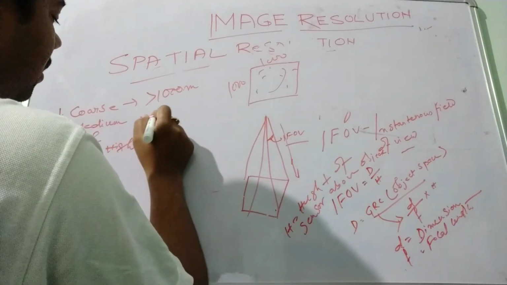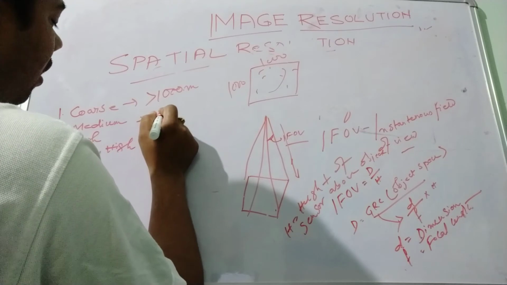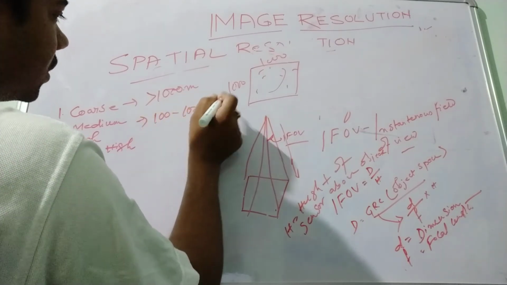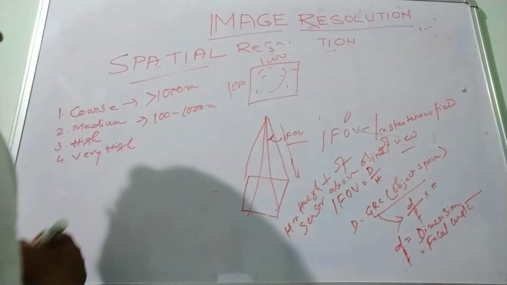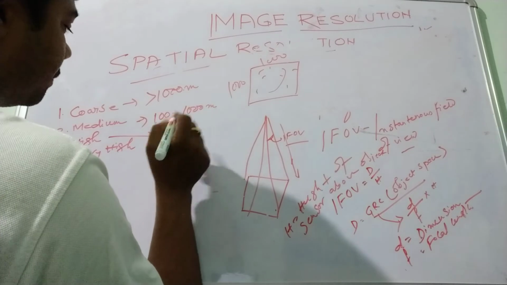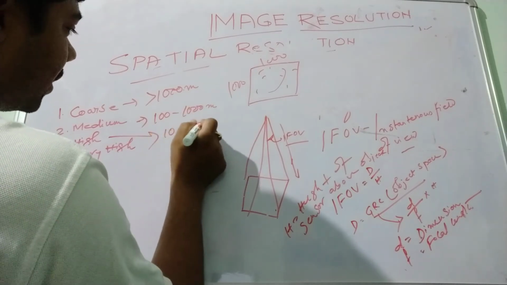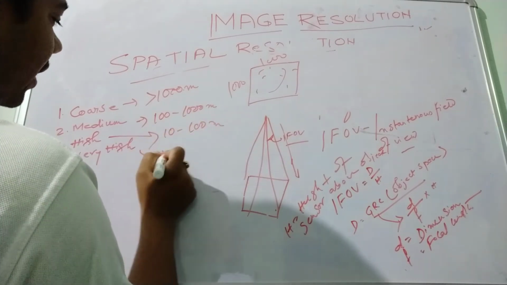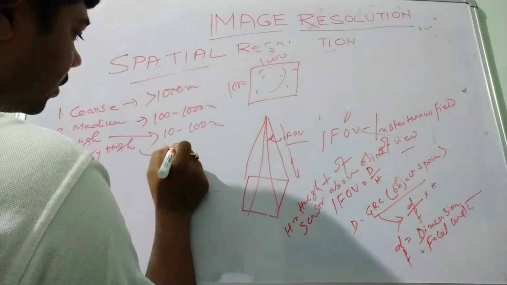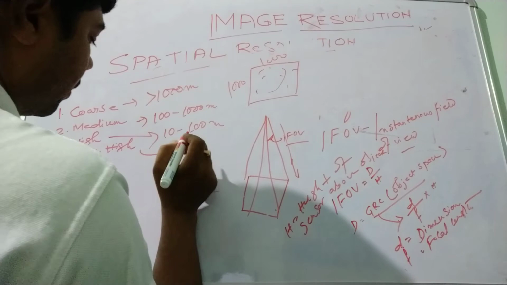Medium is generally 100 to 1000 meters resolution. High spatial resolution data is like 10 to 100 meters, and very high is less than 10.